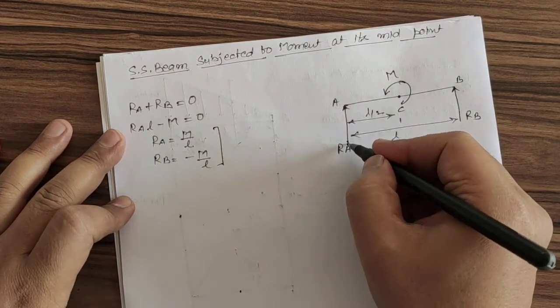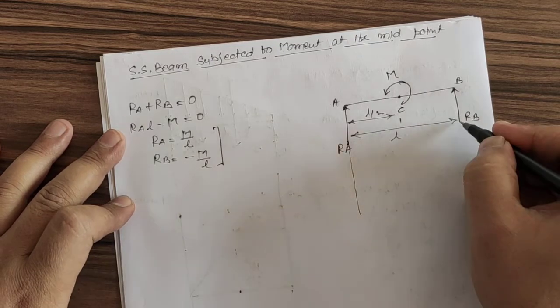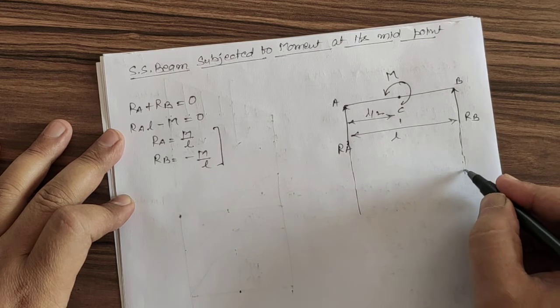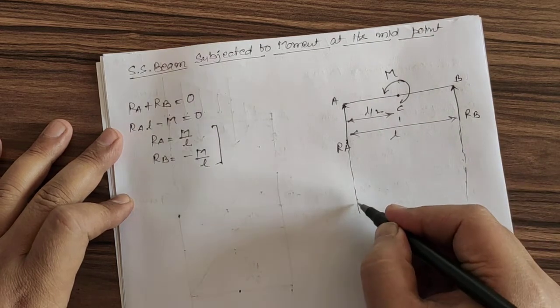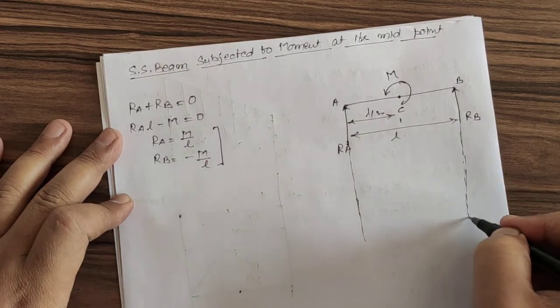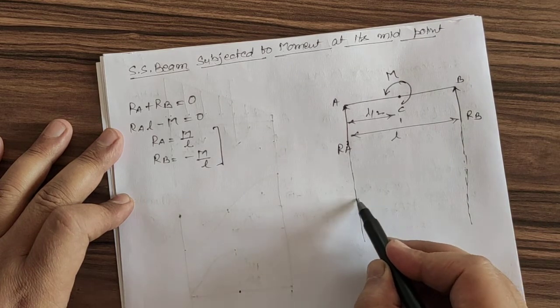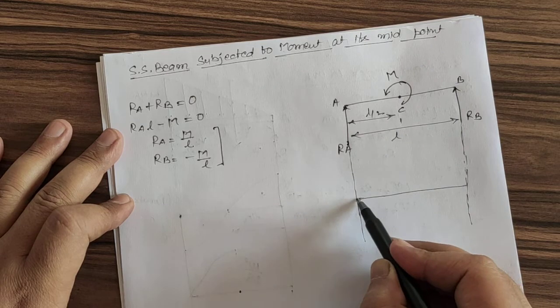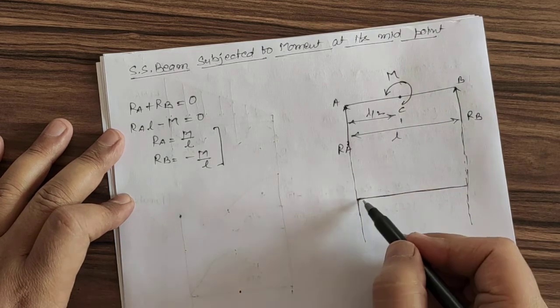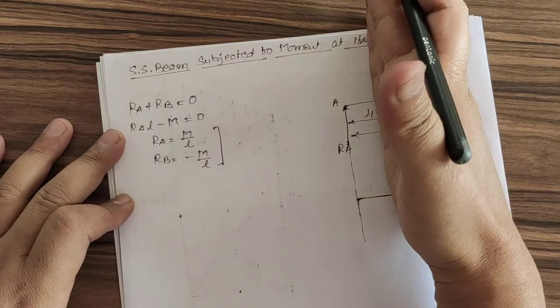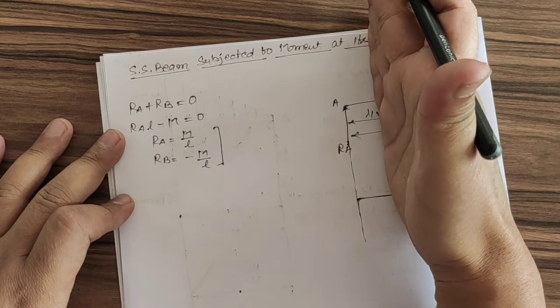Now we will draw the shear force and bending moment diagram. While calculating the shear force, we do not have to take care of the bending moment. Only when we draw the bending moment diagram will we count the moment. Now, shear force at distance x, let us say this is the section we have taken.